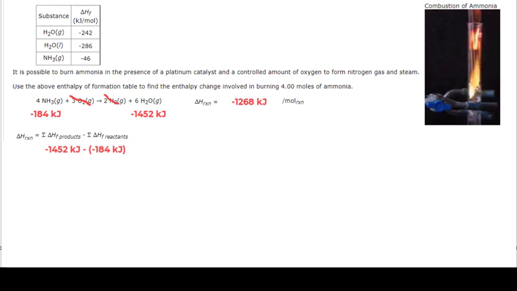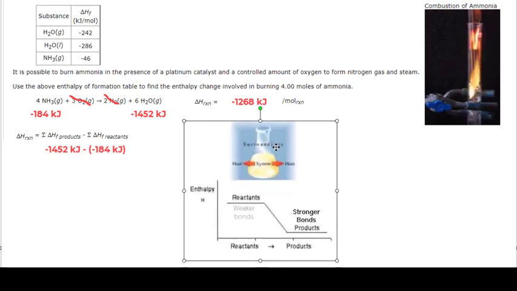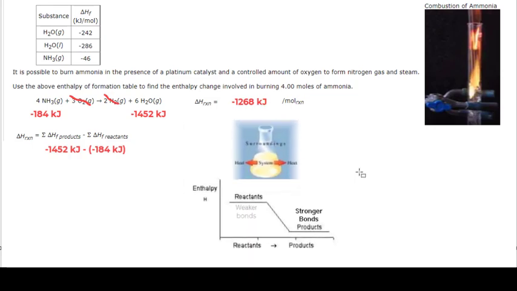In fact, let me pull this diagram up here because this is an important one. We start with reactants, ammonia and oxygen, and they have a certain amount of stored energy in them. And they have their bonds, the nitrogens and the hydrogens, single covalent bonds, or oxygen with a double bond. And they have this stored enthalpy.